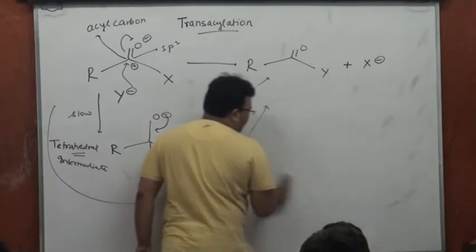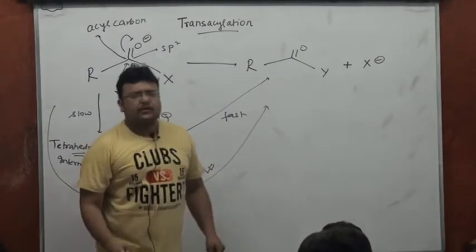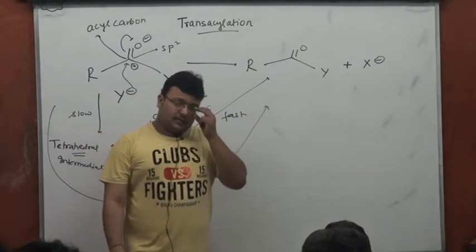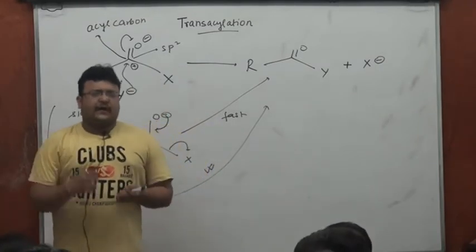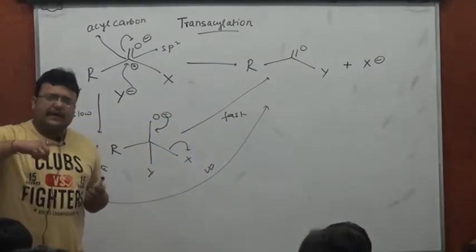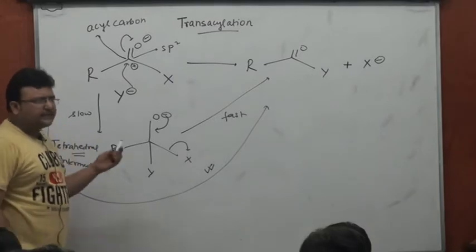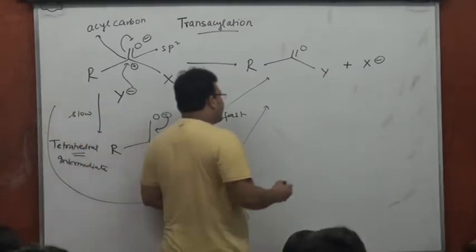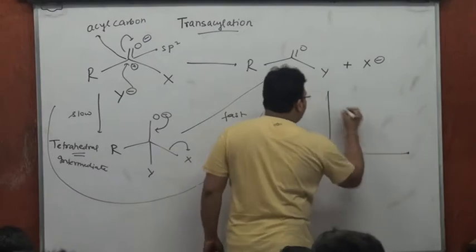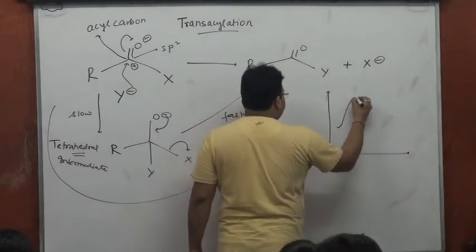Another method could be by studying the corresponding energy profile. We have seen energy profiles of different reactions. A one-step process will have just one peak. A two-step process of this kind, if this is the true mechanism, an energy profile of this kind is expected.